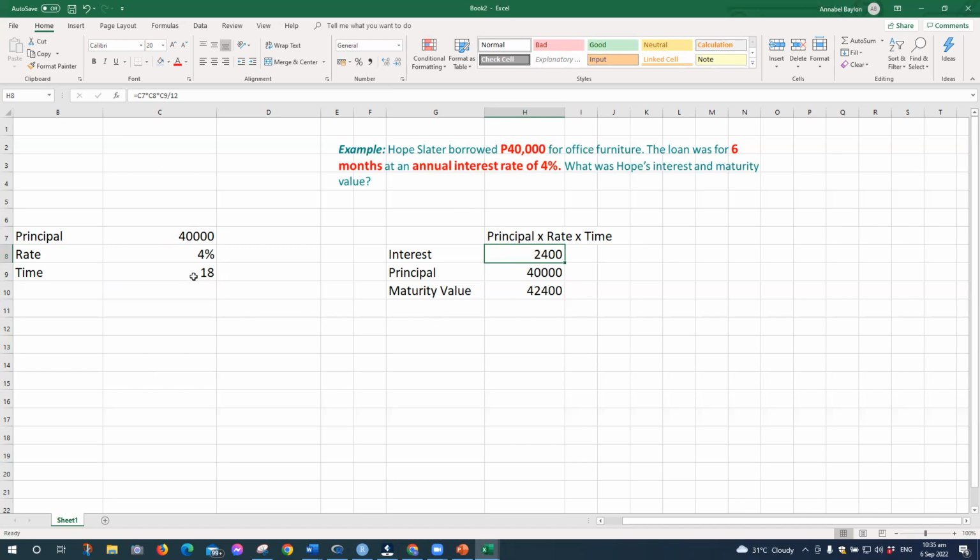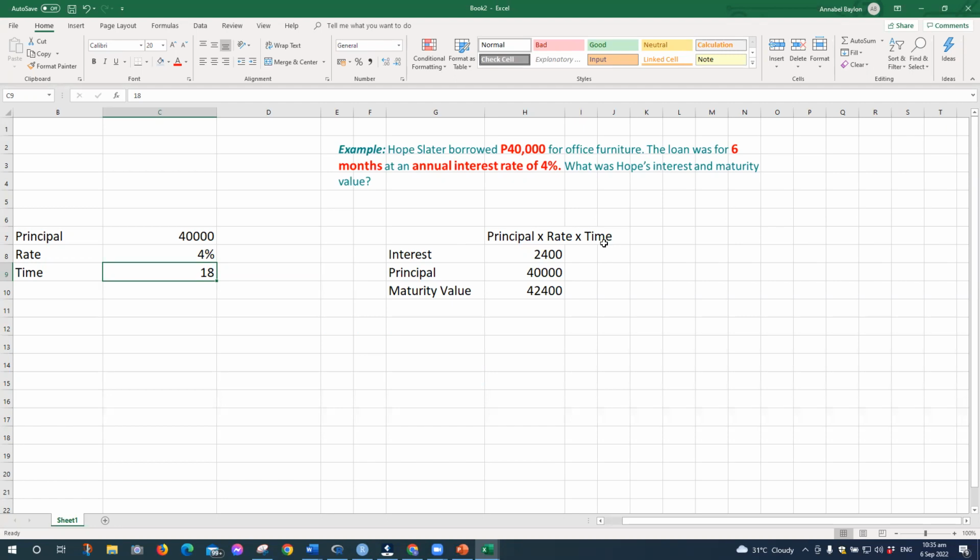Which is actually times 3. But initially there was 6 months, and then we'll change it into 18 months. So the difference is times 3. So if the principal and the rate remain the same, then your interest will also increase by 3 times, because we said that the interest is directly proportional to your time. Assuming principal and rate remain the same, if time increases by 2 times, then interest will increase twice.